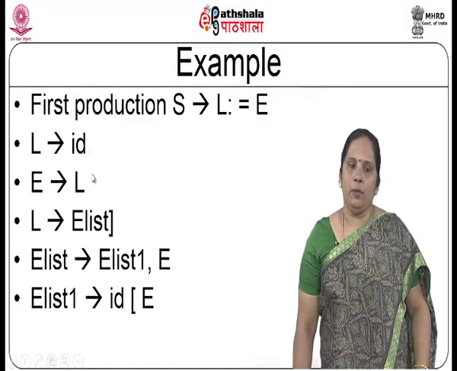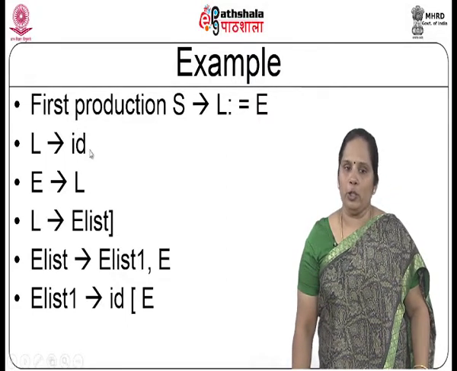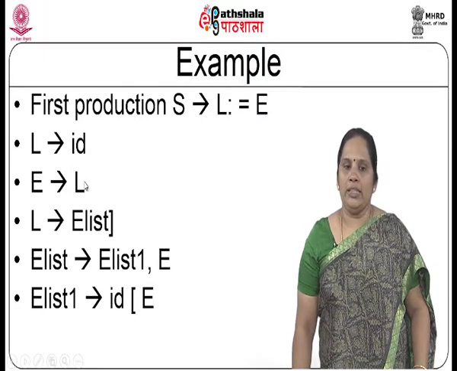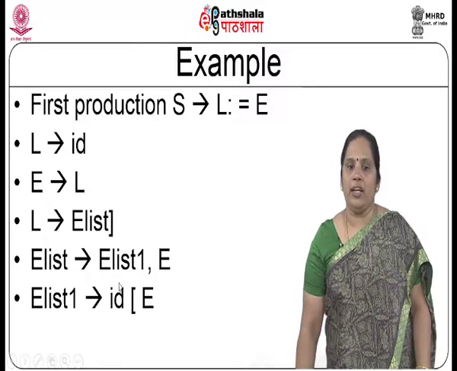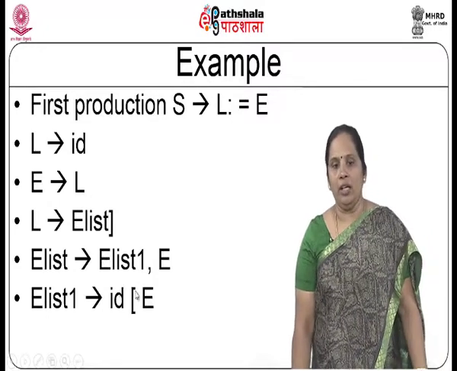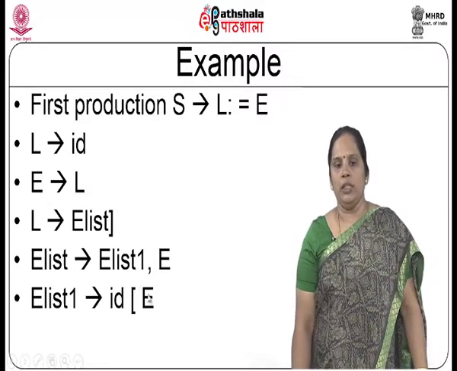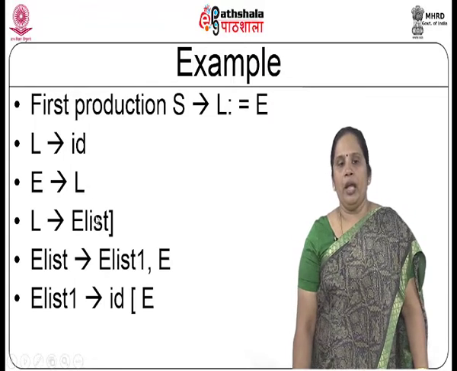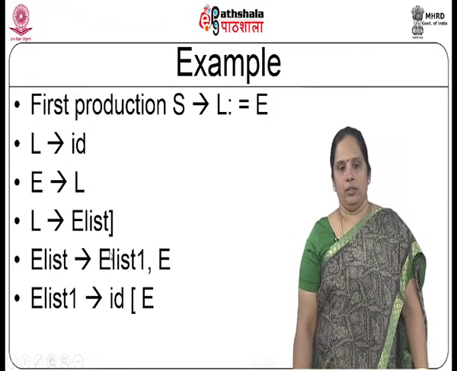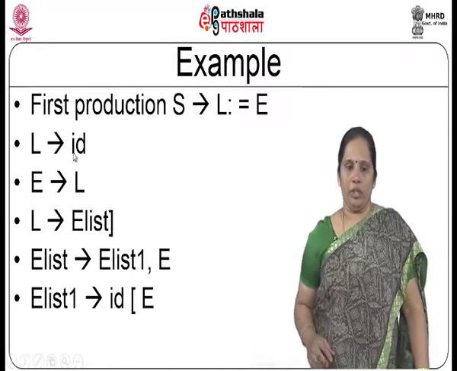This corresponds to X, and this corresponds to E produces L. This id corresponds to capital A. So A here, this corresponds to Y, this corresponds to Z, and this corresponds to X.